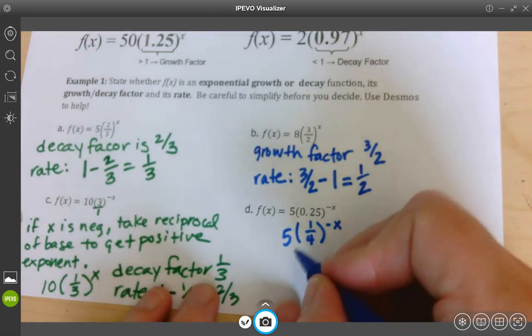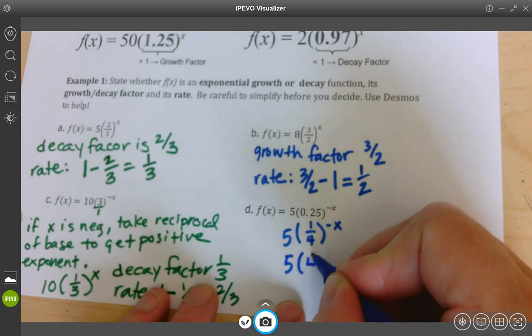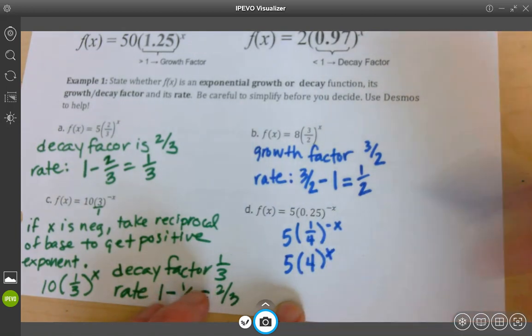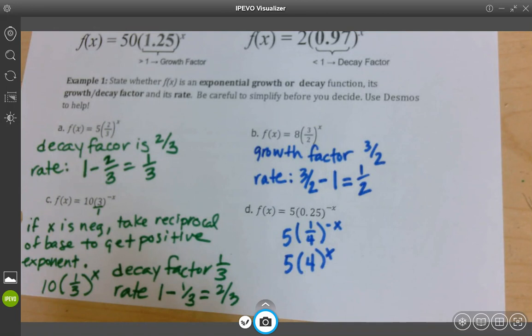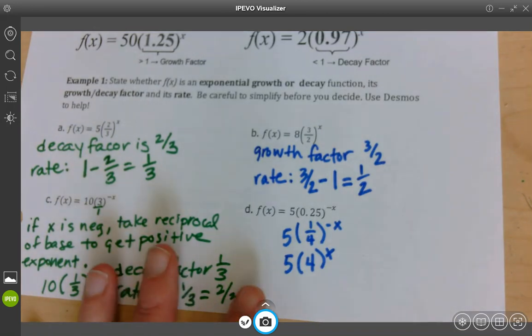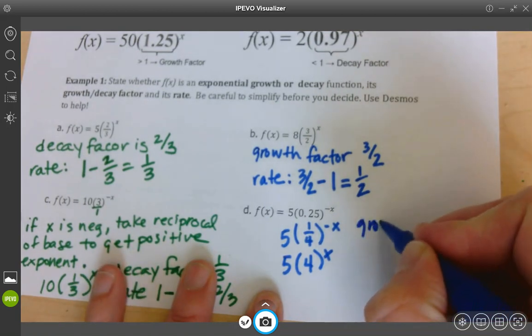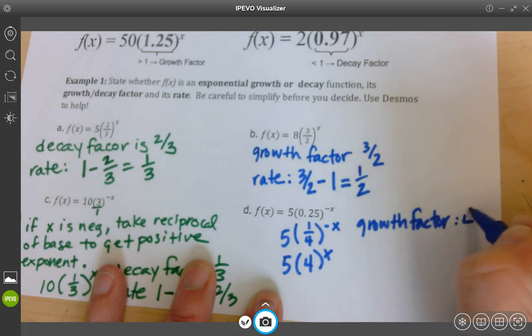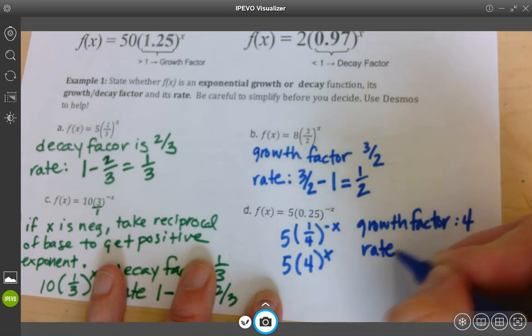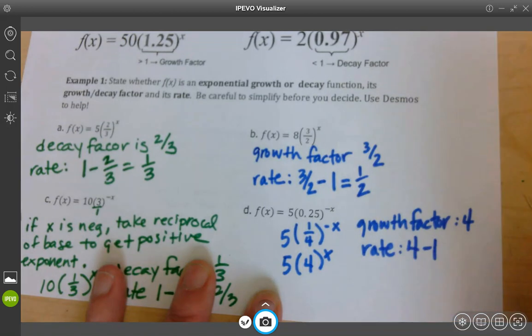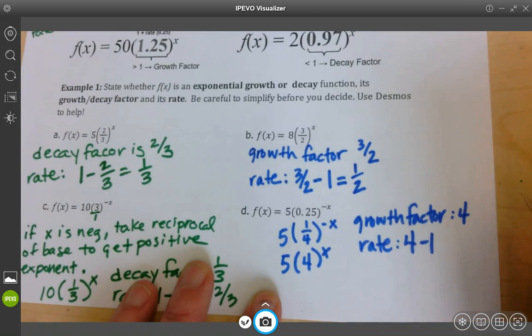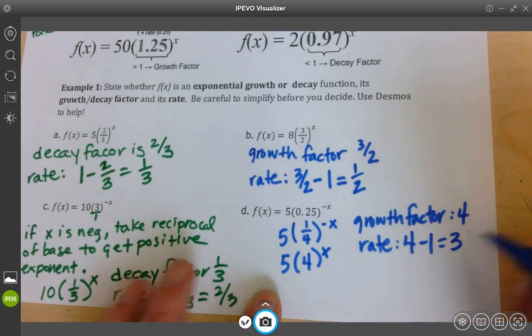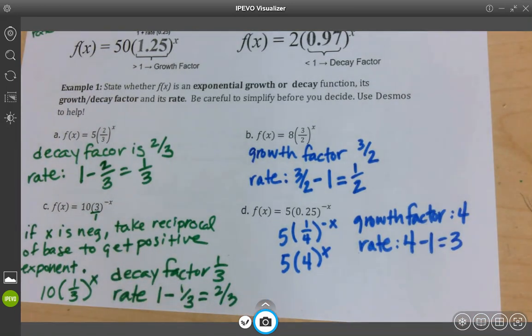Very good. 4/1 is the same as 4, so I'm just going to write 4. So now my B value is 4, which means it's which one, growth or decay? Growth, yeah. So my growth factor is 4. And my rate is going to be what? What'd you guys get for the rate? 3. Good. All right, so that's just identifying parts of the equation.